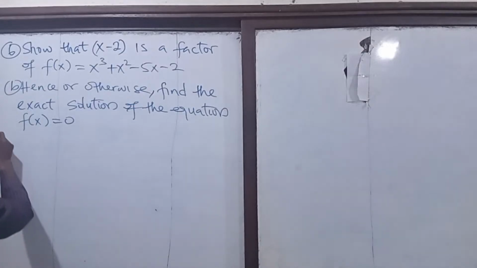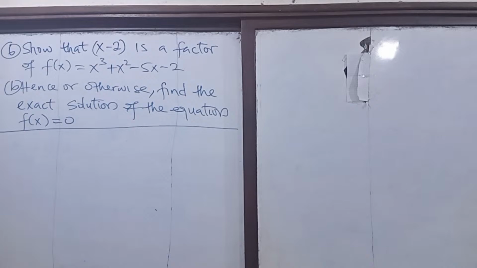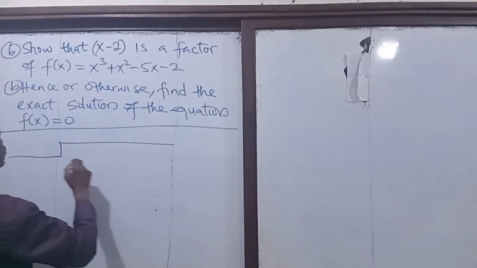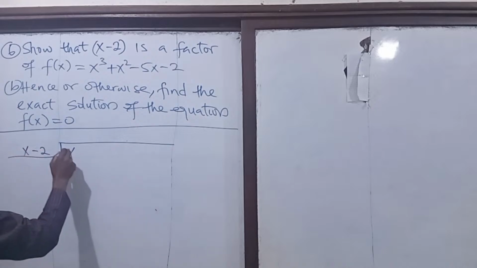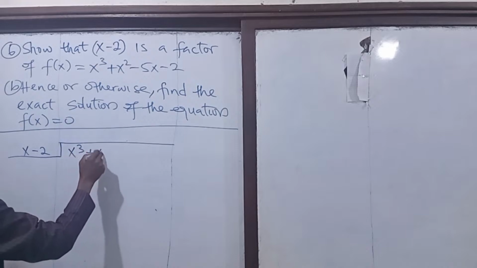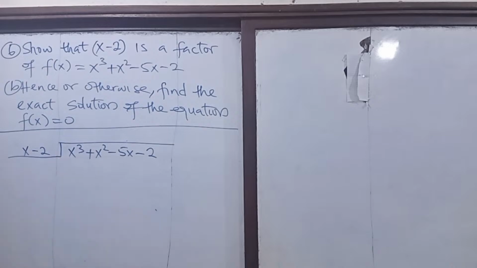So when you are showing that a linear expression is a factor, you use polynomial long division. You have x minus 2 in this place, and the polynomial in this place: x cubed plus x squared minus 5x minus 2.